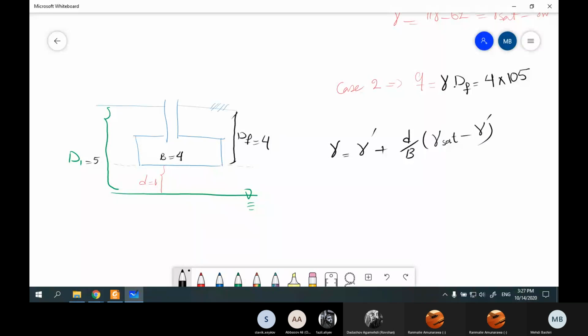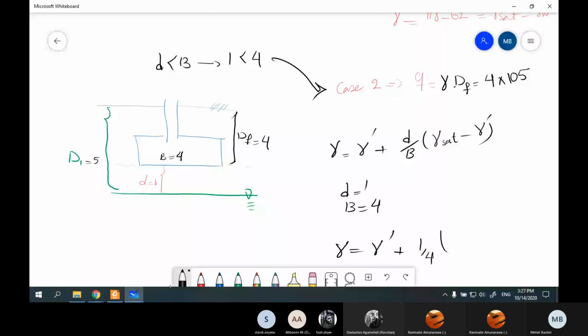So in here, d is 1, B is 4, and you should note that d is less than B, or 1 is less than 4, so we are in case 2. So in this case, gamma is equal to gamma prime plus 1 over 4 times 118 minus, what was gamma prime? Gamma prime first.